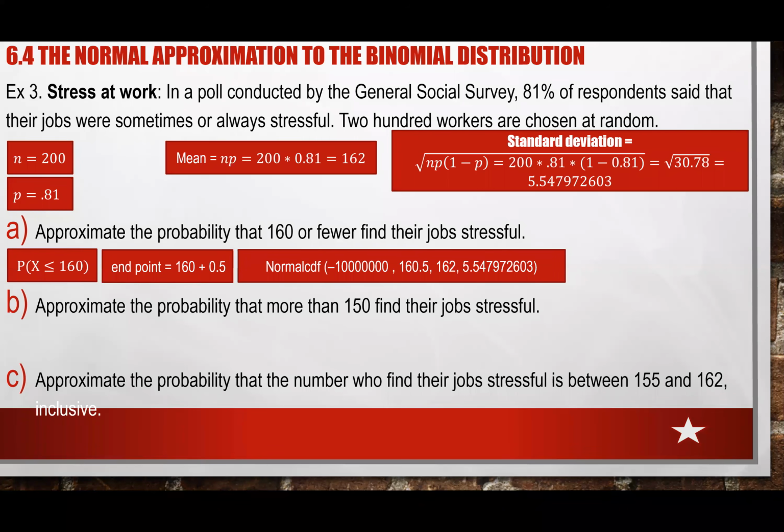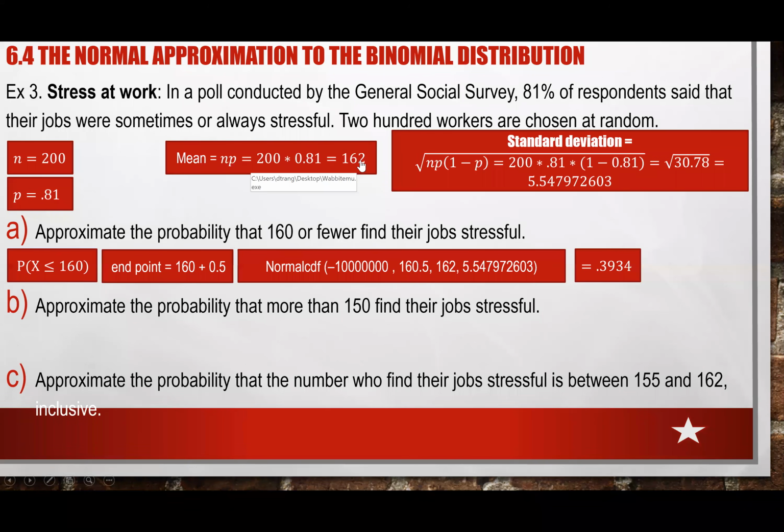So looking at this item here, like I mentioned, once you find your mean, once you find your standard deviation, now you need to adjust your endpoint. And you plug into the normal CDF: my lower limit, like I mentioned, negative 1 million or negative 10 million, my upper limit is 160.5, my mean and my standard deviation. And we know that it's less than 50% because the mean is 162, which is at 50%.